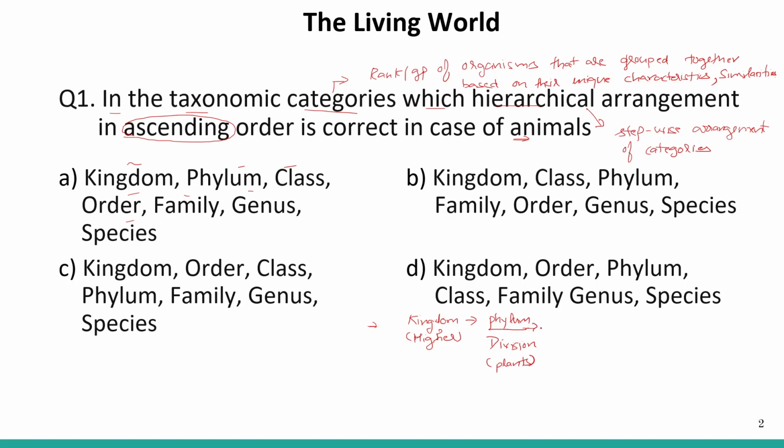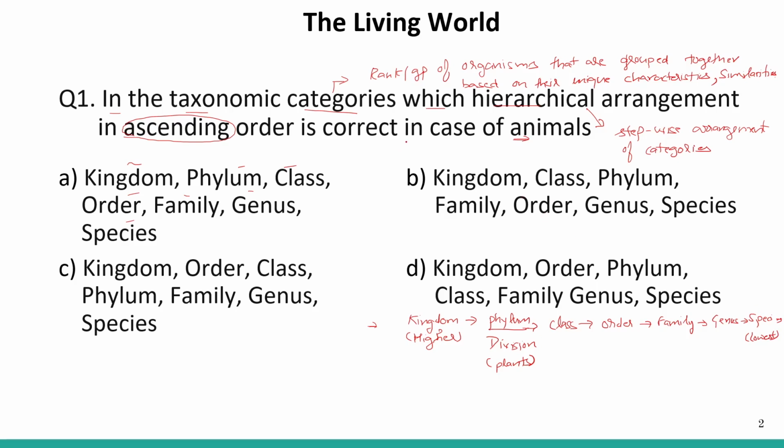After phylum we have class, then lower to class is order, then lower to order is family, then we have the genus. And the lowest most taxon is species. This is the lowest taxonomic category.